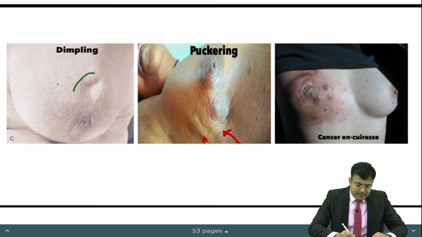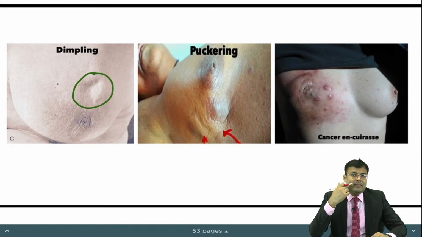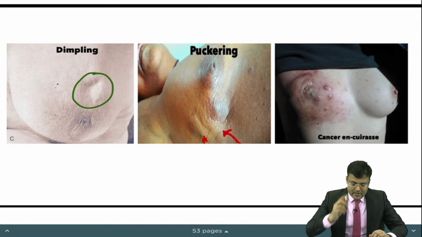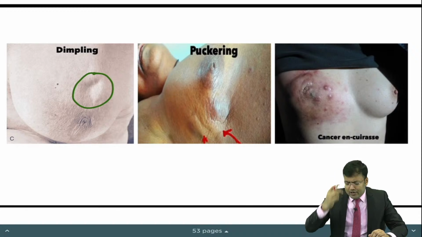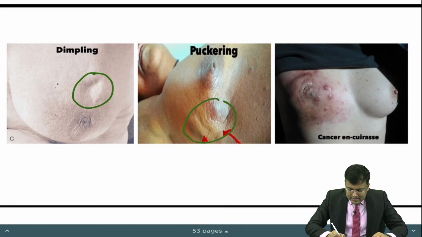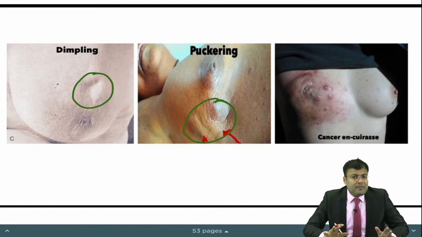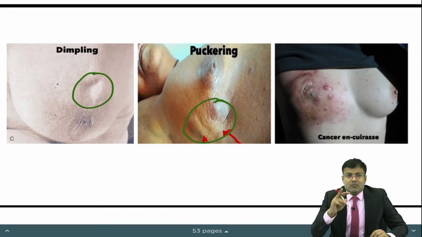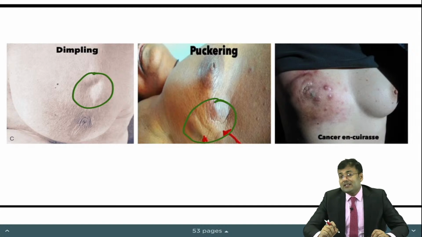So here you can see there is skin depression, that is dimpling, and puckering means there is wrinkling of the skin. Here you can see there is skin wrinkling. So in both dimpling and puckering there is involvement of ligament of Cooper. Dimpling is skin depression and puckering is wrinkles in the skin.